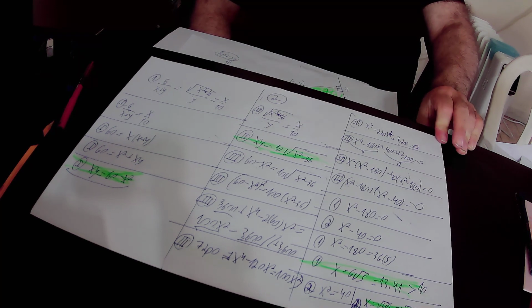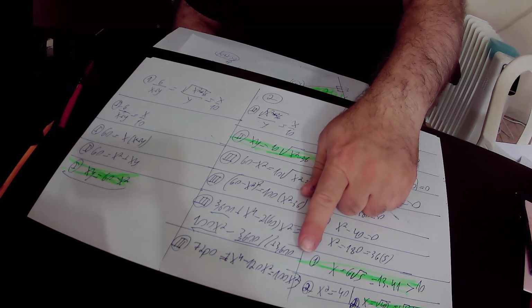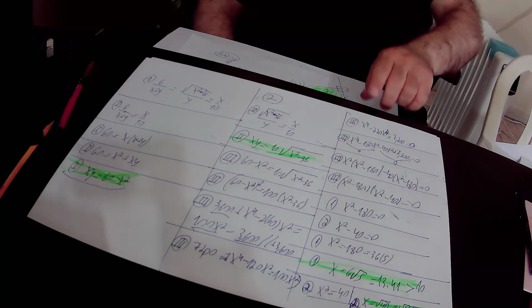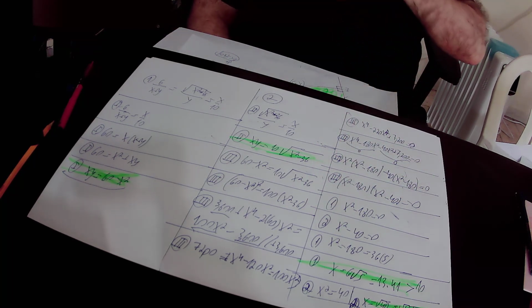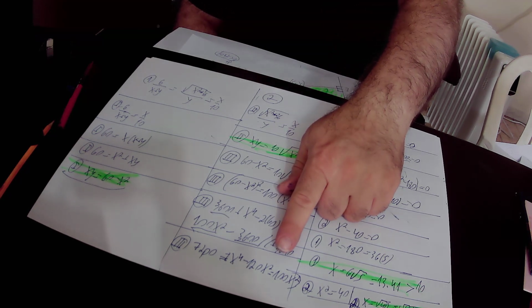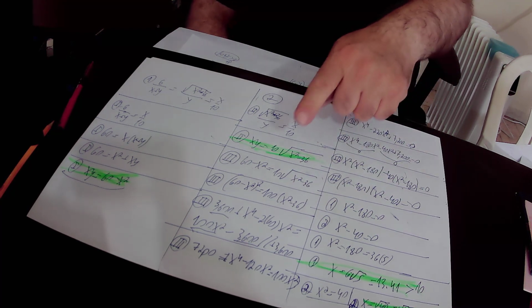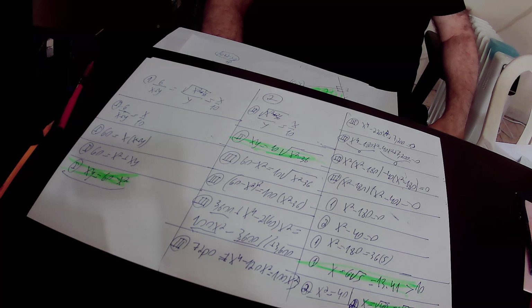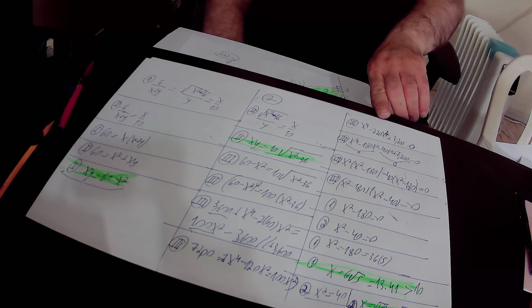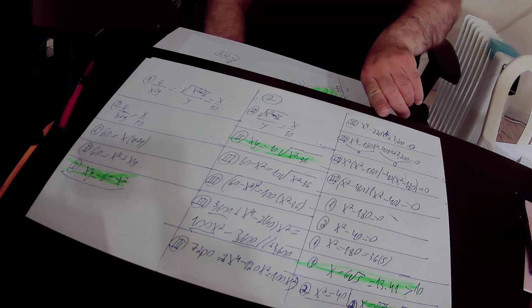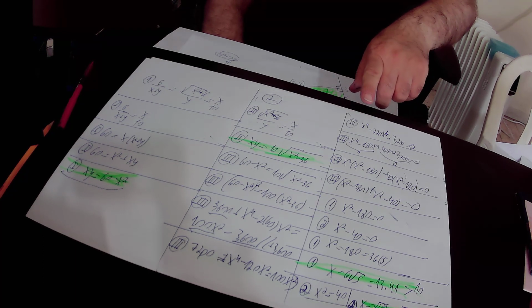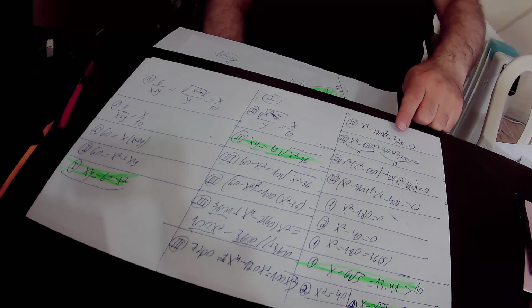Then we subtracted 100 x squared from this equation, and we got that x to the power of 4, minus 120 x squared minus 100 x squared is minus 220 x squared, plus 7200 equals 0. Then we substituted minus 220 x squared by minus 180 x squared minus 40 x squared, and we got x to the power of 4 minus 180 x squared minus 40 x squared plus 7200 equals 0.